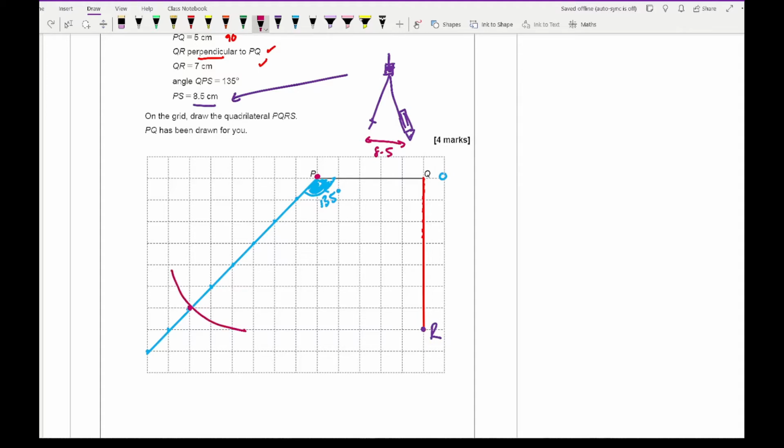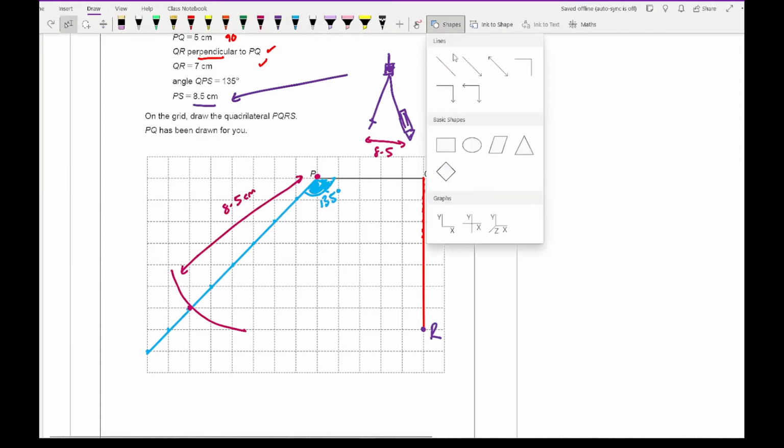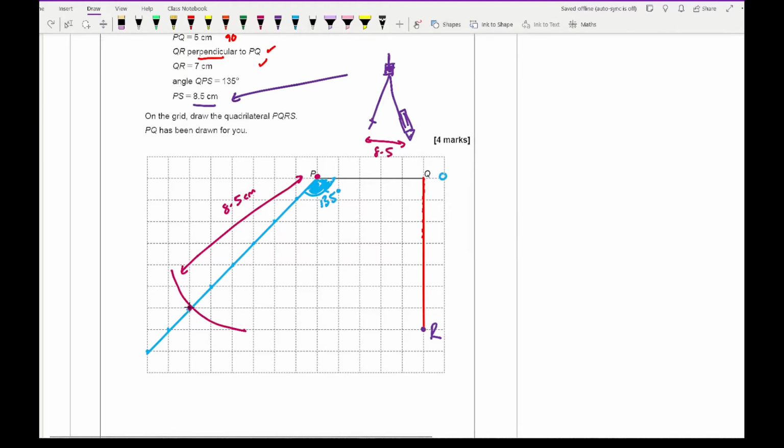That distance there needs to be 8.5 centimeters. Now from that, you then need to draw another line. Let's do that in green from that intersection point and connect it to R, like so. And there you go.